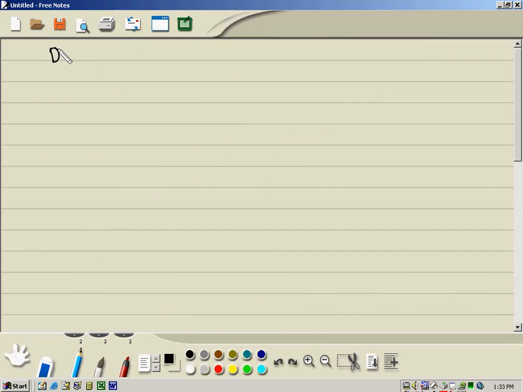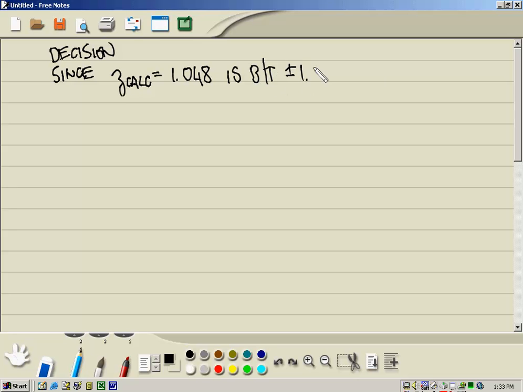So our decision will be as follows: since z-calc is 1.048, and since that is between the critical values on this two-tailed test of plus and minus 1.96, do not reject the null.